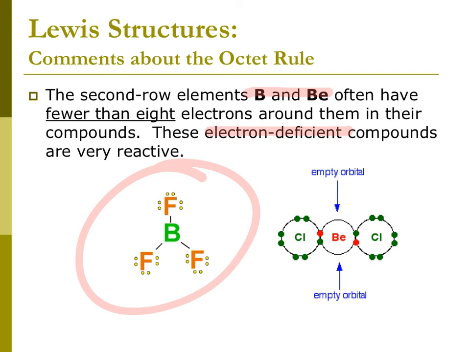Something else you should know about these types of compounds is that even as neutral compounds, they still remain very reactive because they're still kind of missing electrons and would be really happy to seek them out and form another type of bond with some other reactant to turn into a different compound.